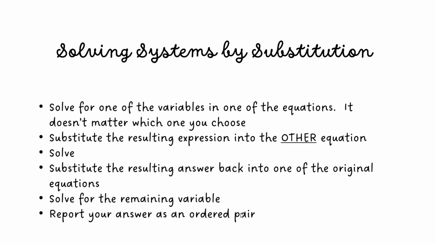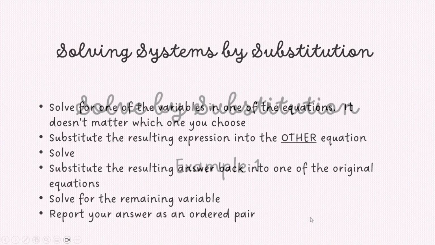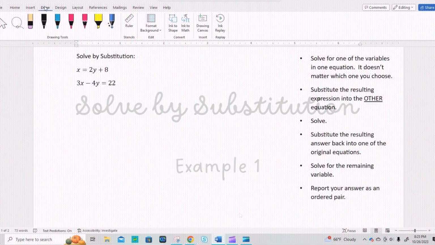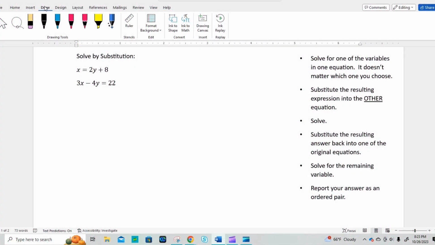So let's move on to an example. Okay, in this first example, we are going to solve this system by substitution, and I do have the directions for this written on the screen. I will continue to do this throughout our examples. You may find that you don't need it after the first couple of examples, and that's fine.